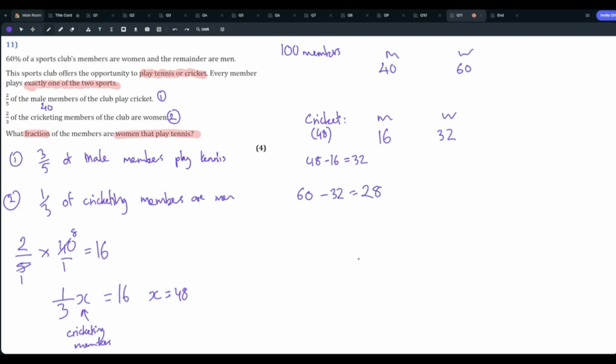That's 28. What fraction of the members are women that play tennis? How many women are there? There's 60. And how many out of those play tennis is 28. We could cancel that down, but I'm just going to leave that. That is our final answer.